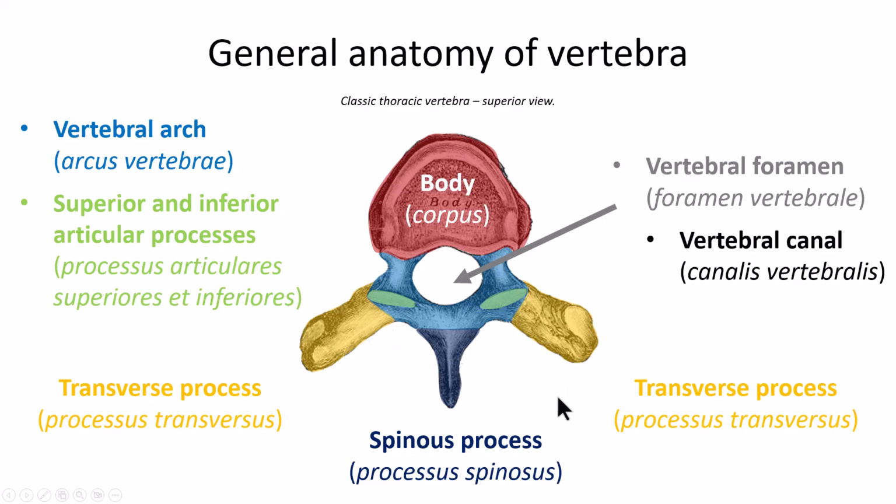In this illustration, we can only see the superior articular processes. I have marked the articular surfaces in green. The inferior ones are located beneath the vertebral arch. These processes form the intervertebral joints. We will examine them on the next slide.